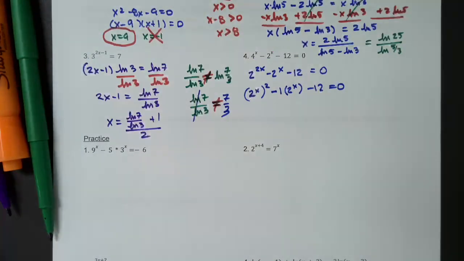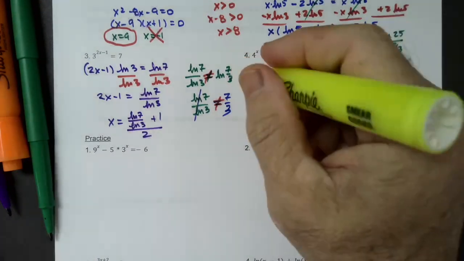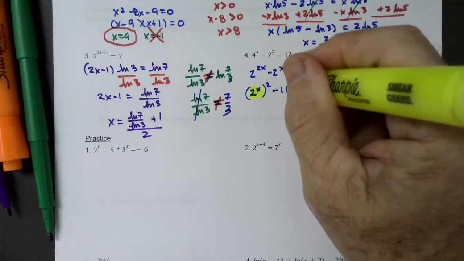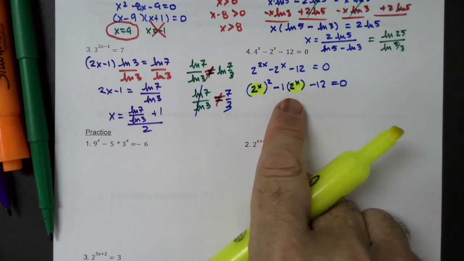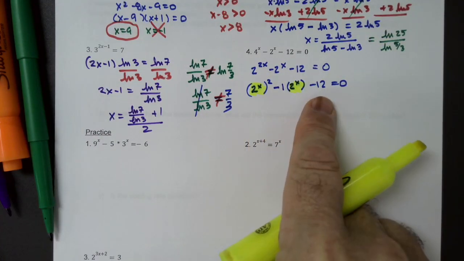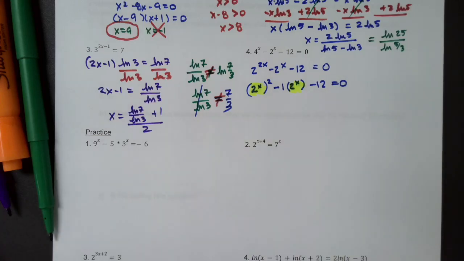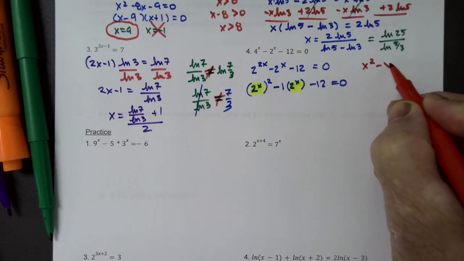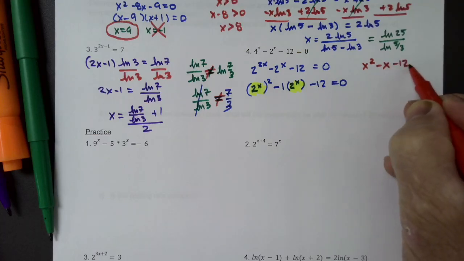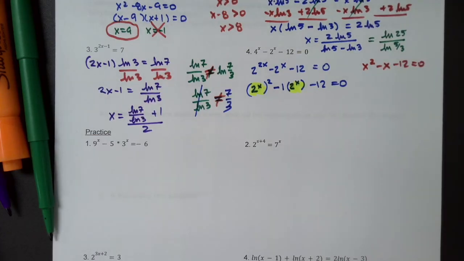Can you see that this actually kind of acts like a quadratic? We've got something squared plus something to the first power equals this. Doesn't that kind of mirror something that might look like, say, x squared minus 1x minus 12 equals 0?